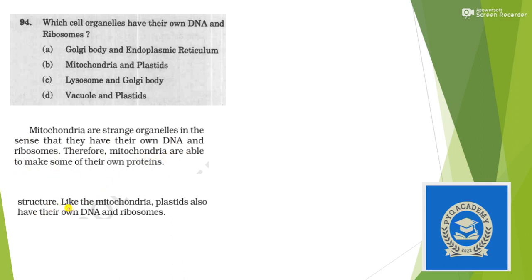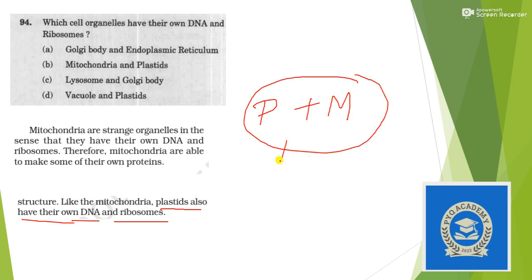In another para, it is written that like the mitochondria, plastids also have their own DNA and ribosomes. That means plastids plus mitochondria both have their own DNA and ribosomes. So the answer is mitochondria and plastids, option B.